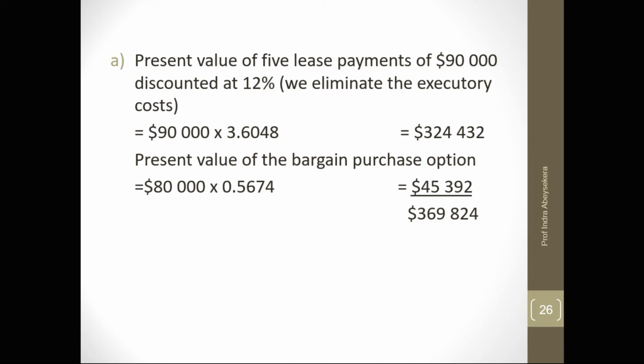So we take the discount value for the 5 years, and the annuity discount value is 3.6, and the present value of the bargain purchase option is the 80,000 times the discount value at year 5.